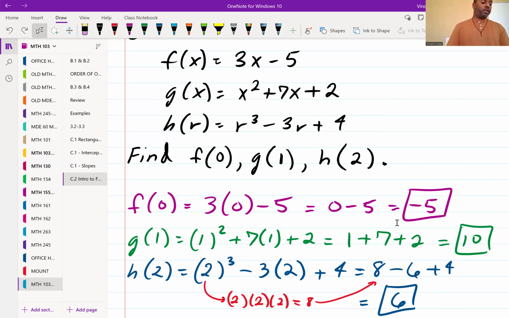Substitution is specific equations. Any questions?